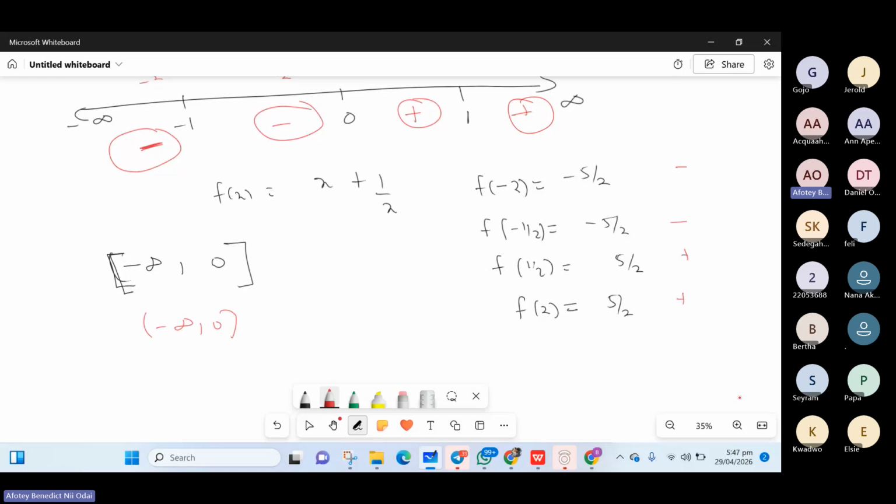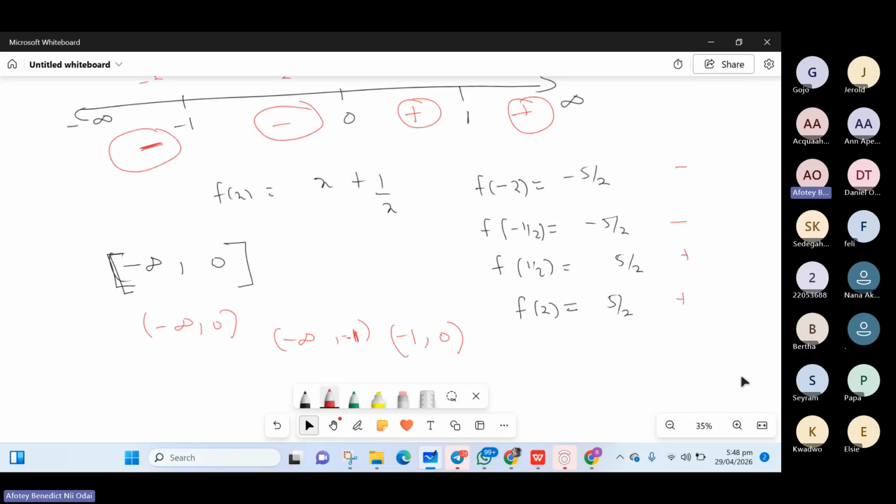And this is still wrong because -1 is still included in this domain, right? So it's basically negative infinity to -1, and also -1 to 0. On this interval it's increasing, and on that interval it is decreasing.